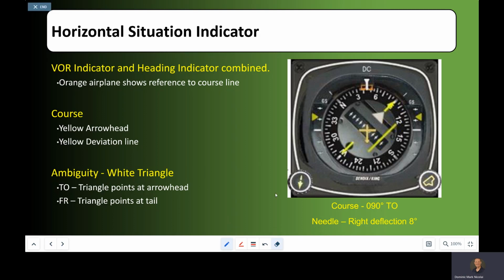You're used to seeing the triangle always pointing to the arrowhead. That's your to indication right there. If your triangle ever pointed towards the tail, that would be the from indication. Unless you're using VORs, you're probably not as used to that indication.